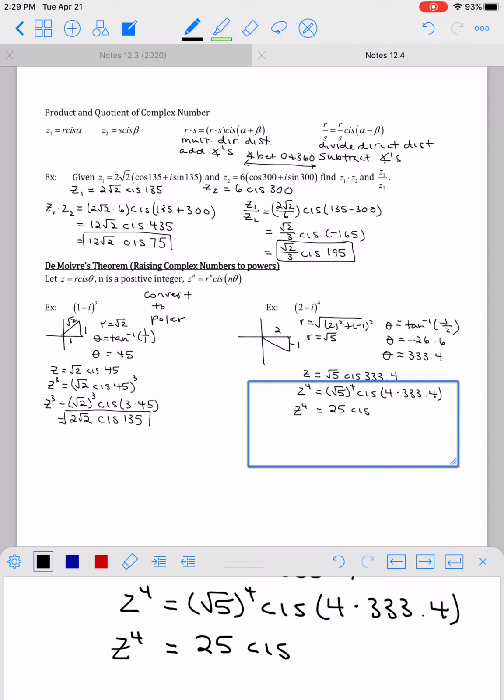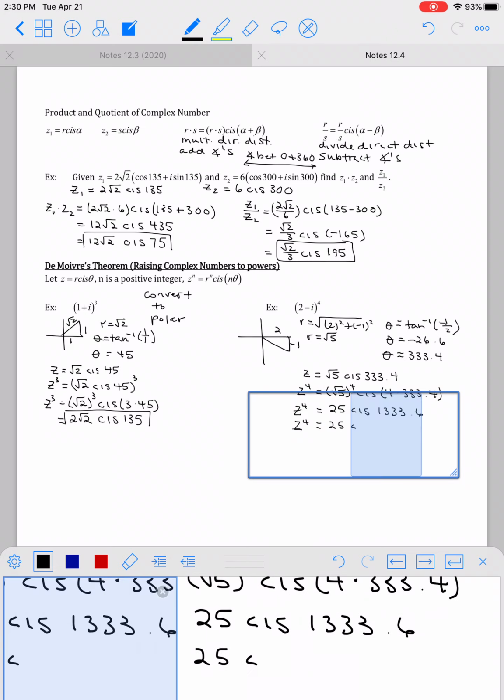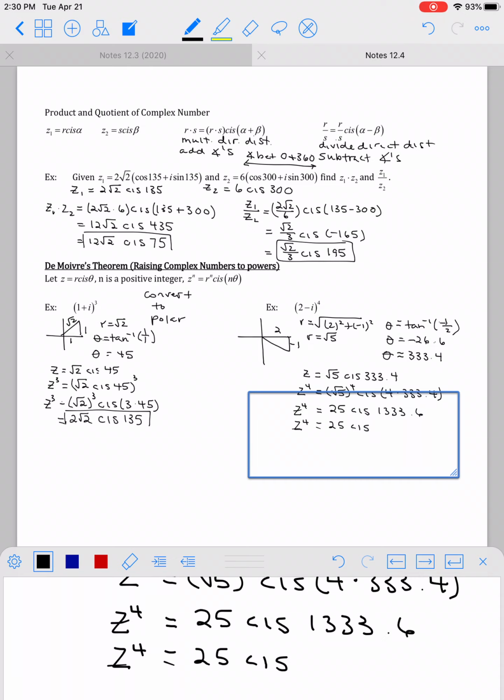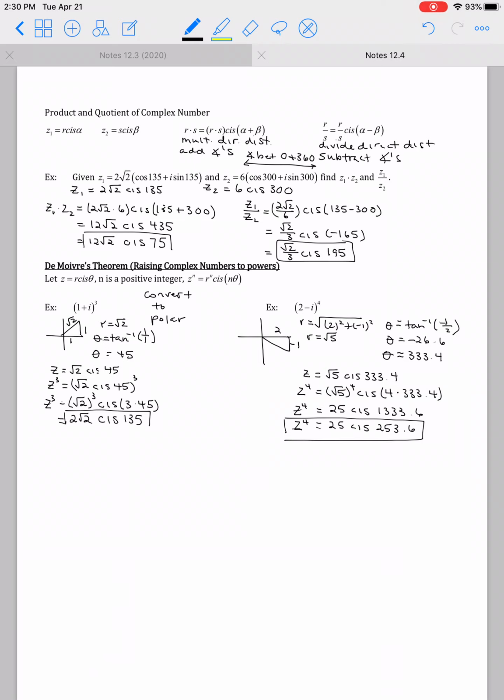Cis, I multiply that, I get 1333.6. That's well over the 0 to 360, so we are going to say 25 is good. We're going to keep subtracting 360 until we're within the bounds, and we get 253.6. So really, just keep in mind what you need to do and then watch for little details like angles between 0 and 360.